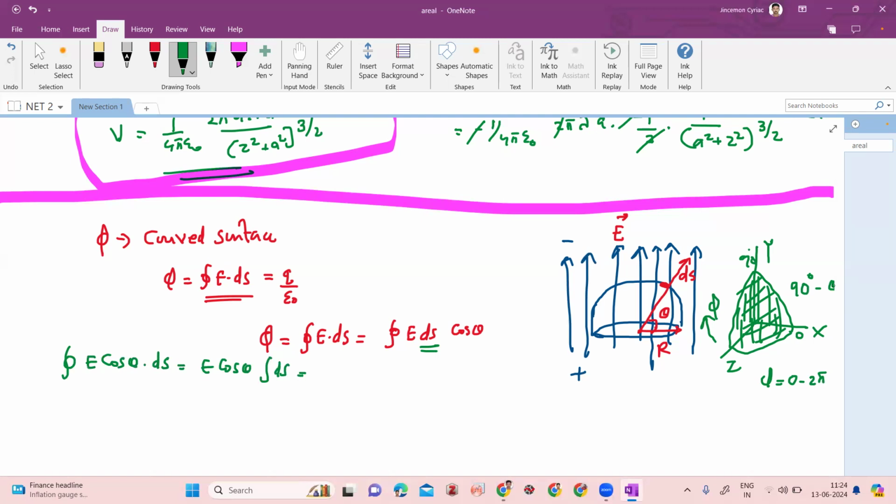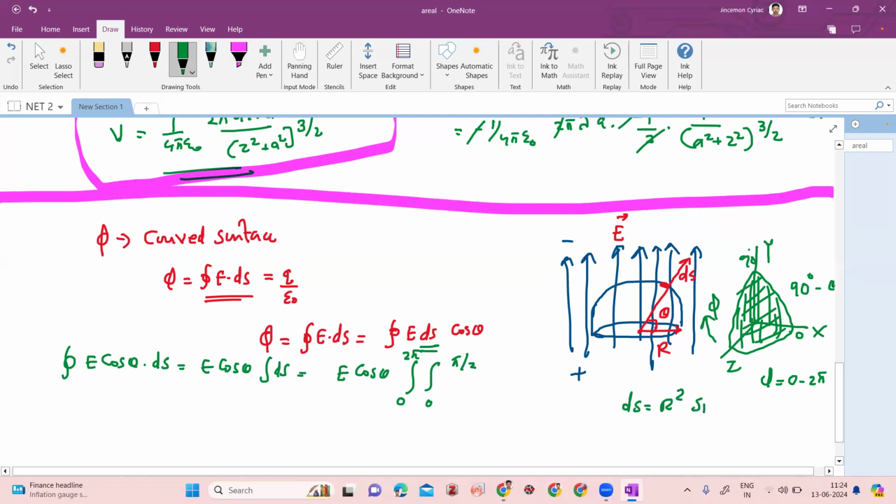That is equal to E cos theta into the double integral, with phi from 0 to 2 pi and theta from 0 to pi by 2. And what about the value of ds? ds is equal to r square sin theta d phi d theta, or say r square sin theta d theta d phi.